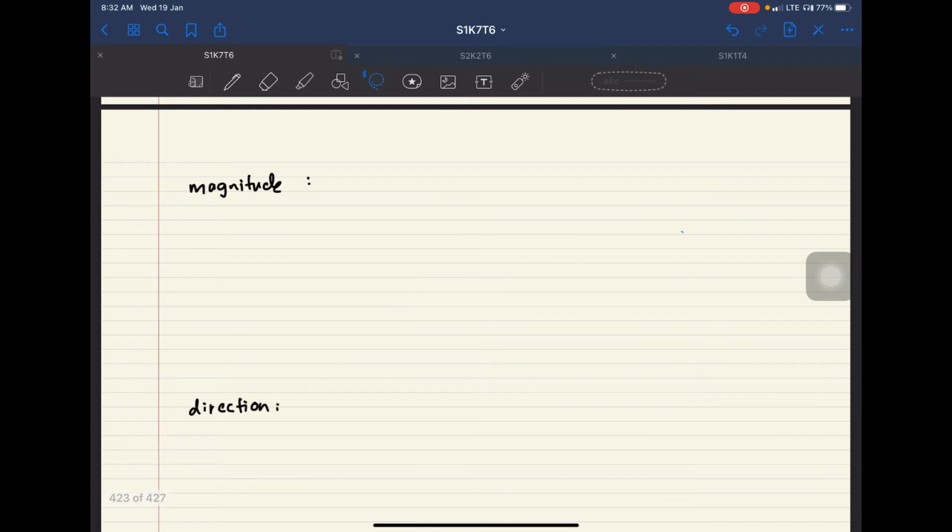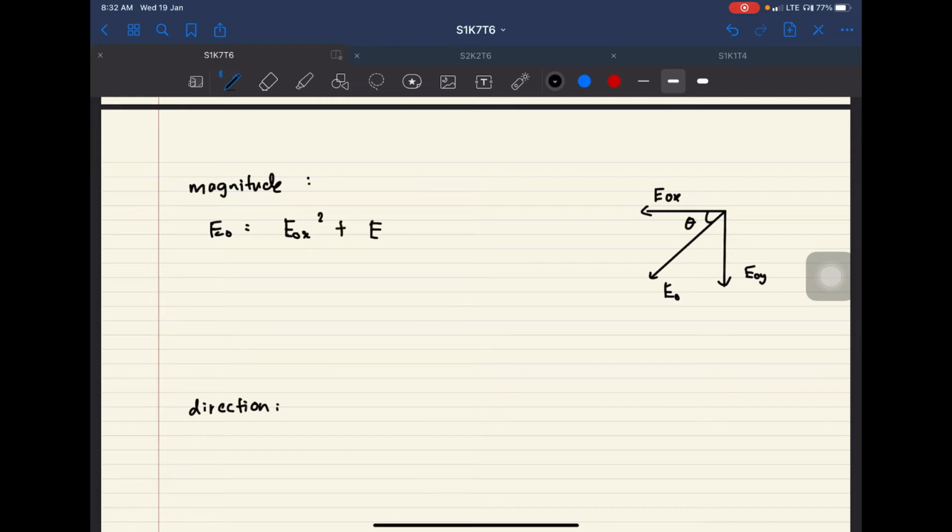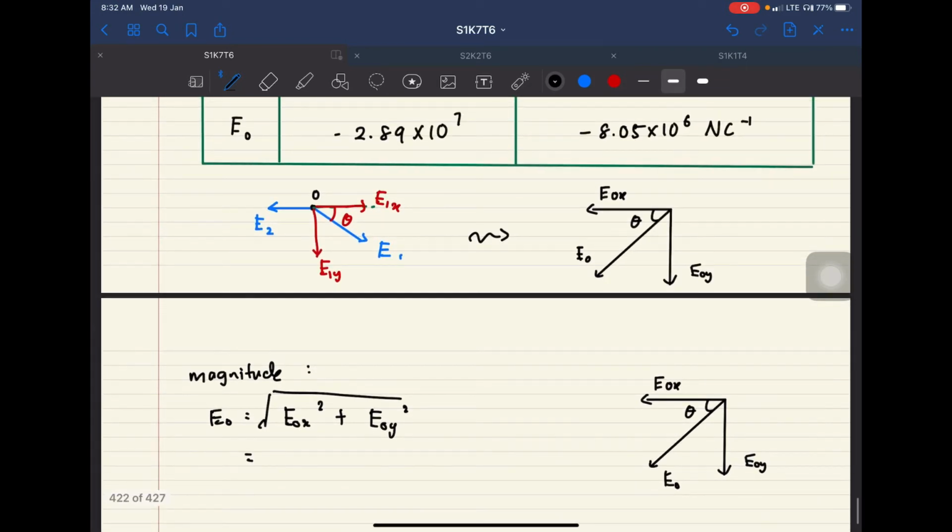Paste it over here. So my E naught is equal to the square root of E naught x squared plus E naught y squared.